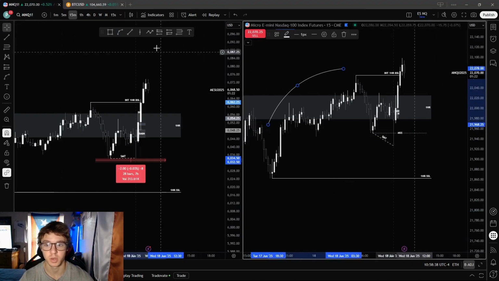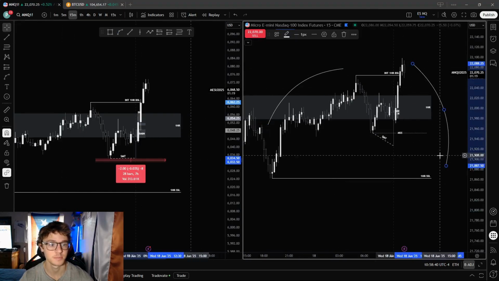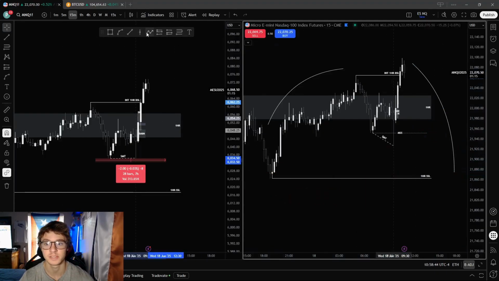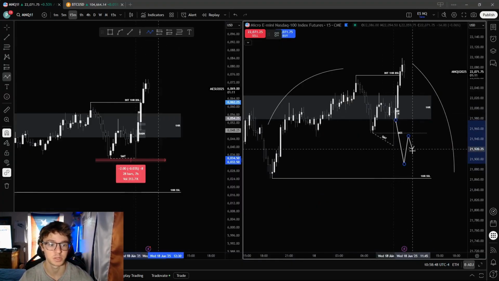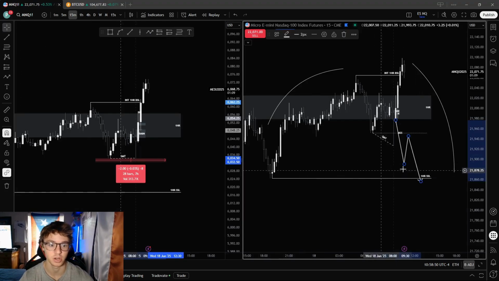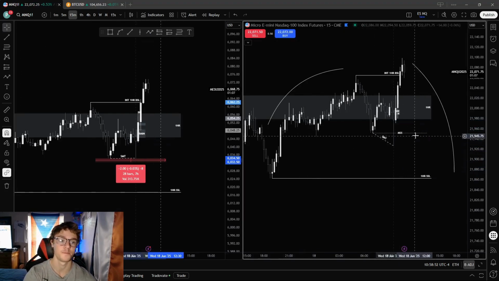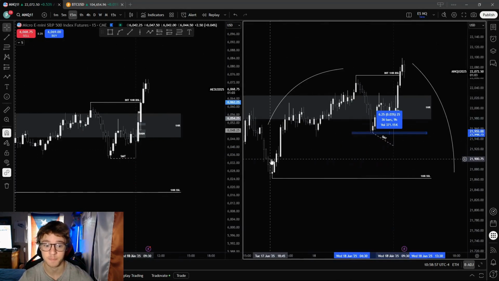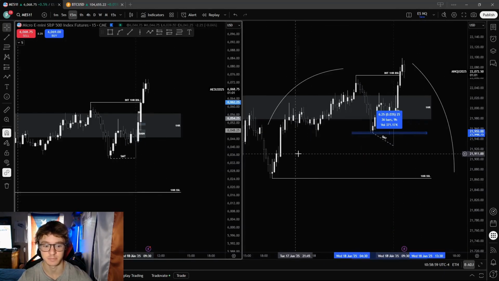This internal model is what I originally wanted to see to this 1-hour sell side liquidity. So I would need to have seen displacement through this swing low, pull back to a fair value gap, something like that, targeting here. But you can see this 15-minute candle comes down, sweeps this liquidity, and puts in an SMT.